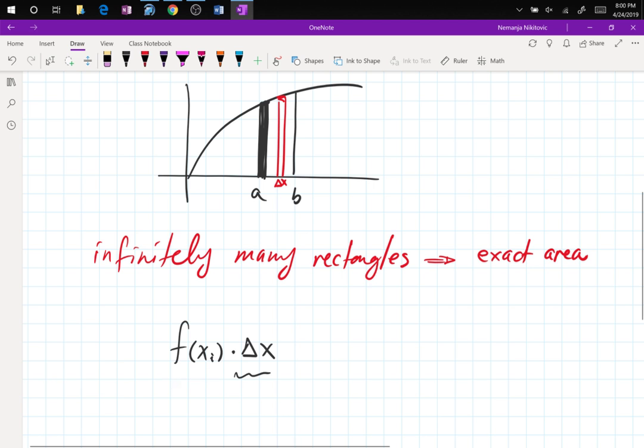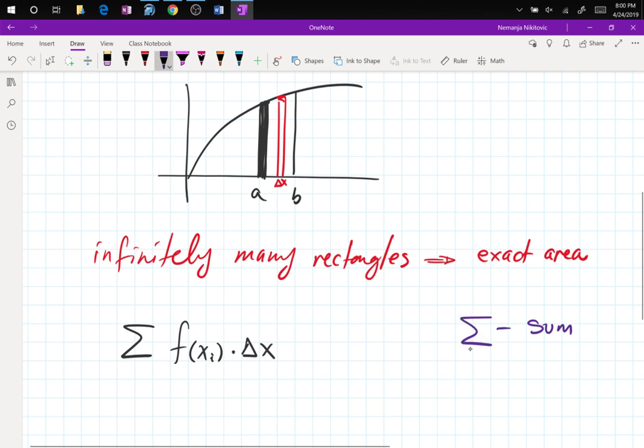Now what I'm going to do is introduce a mathematical symbol, summation. So this symbol means sum. And I'll explain the details about this symbol.